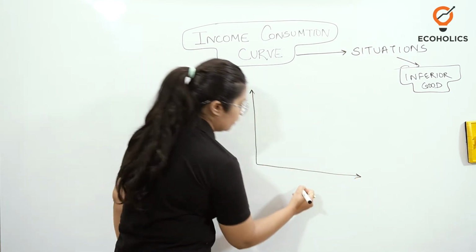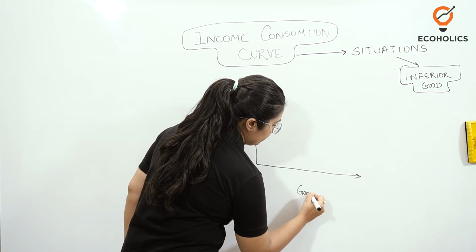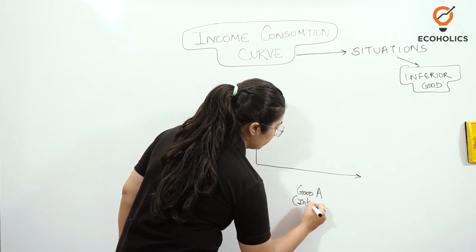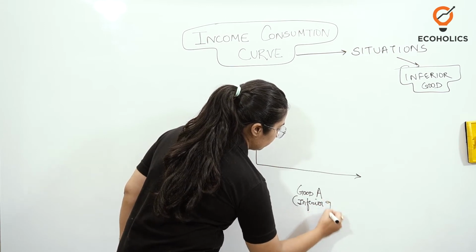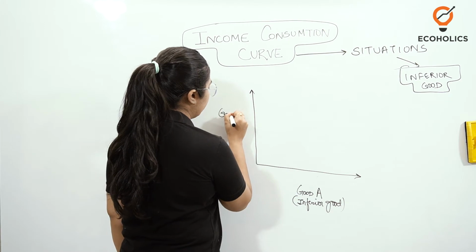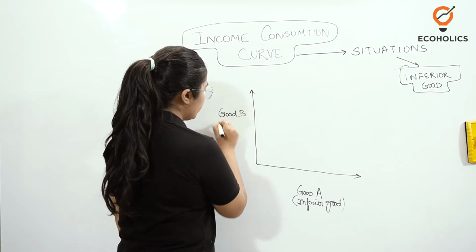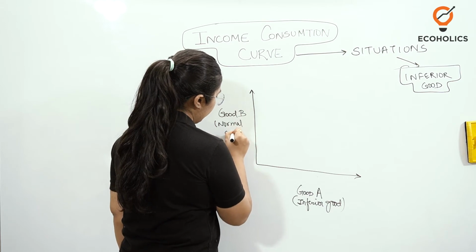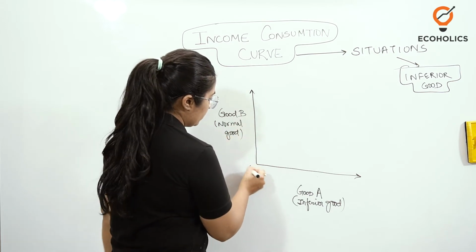So we have commodity A, which is an inferior good, while commodity B, which is a normal good, right? And this is 0.